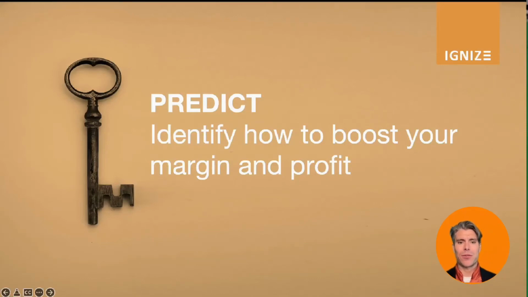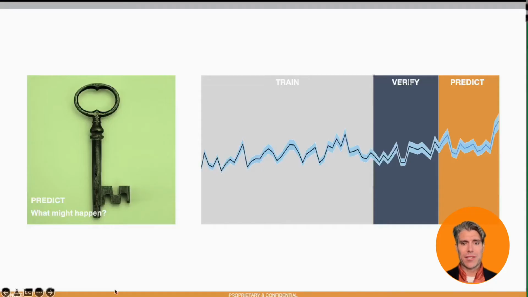I will guide you through the prediction capabilities of the Ignizer that will help you identify how you can boost your margin and profit. When it comes to predictions, for the target that we want to predict, that can be order intake, it could be sales, it could be a granular understanding of the sales and operational planning, we are taking a part of the time series as a training data set.